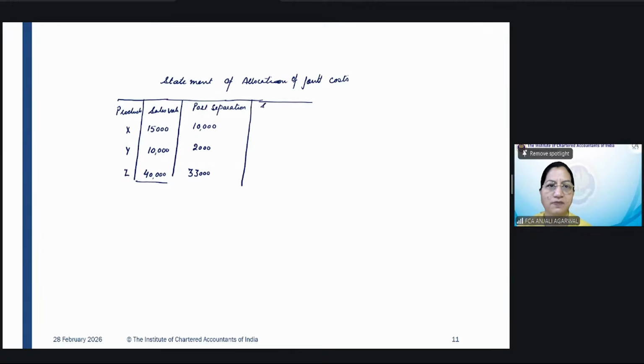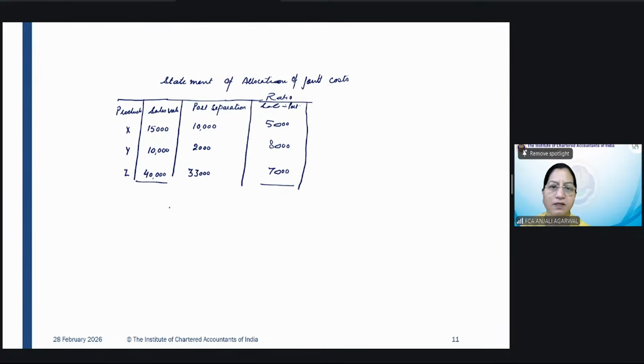So sales value minus post separation cost is the ratio in which you will divide the share in joint cost. So 15 minus 10, 5,000. 10 minus 2, 8,000. And 40 minus 33, 7,000. So this total also comes out to be exactly 20,000, which I have deliberately kept as 20,000.